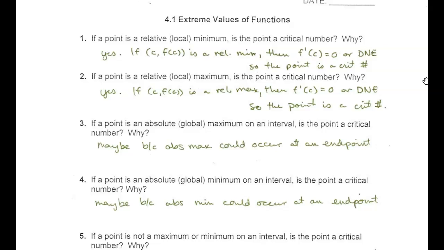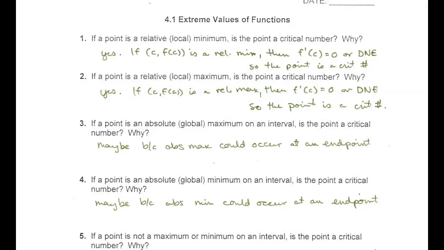Number 2 is also yes. Now, number 3 is where it begins to get a little bit tricky. Number 3 says if a point is an absolute max on an interval, is the point a critical number?